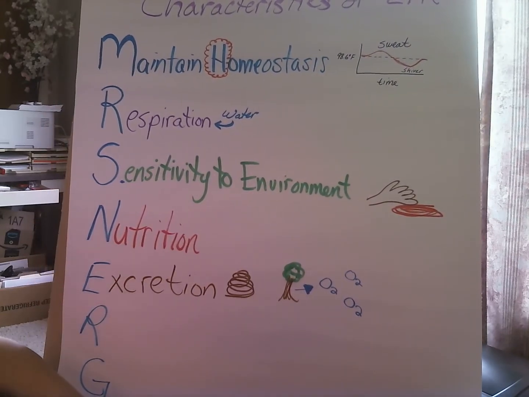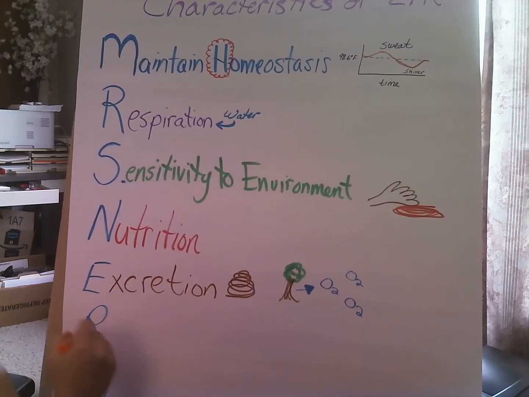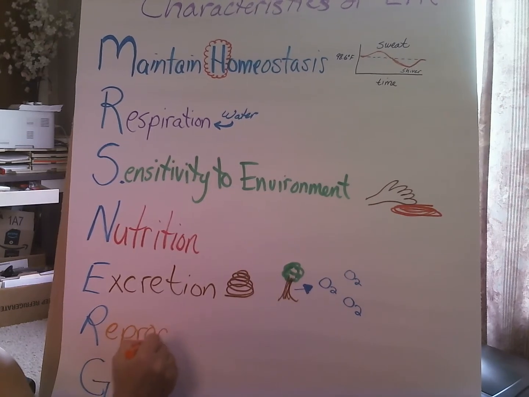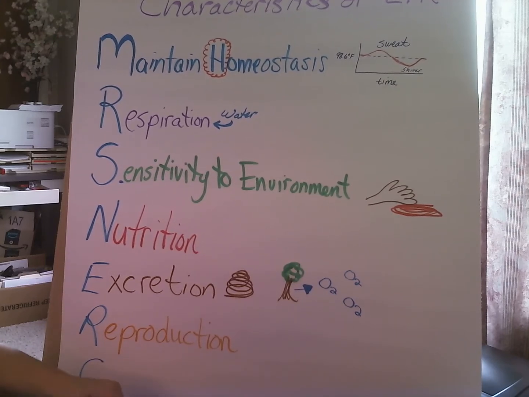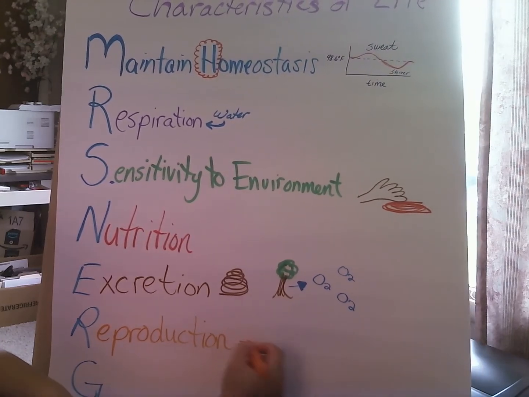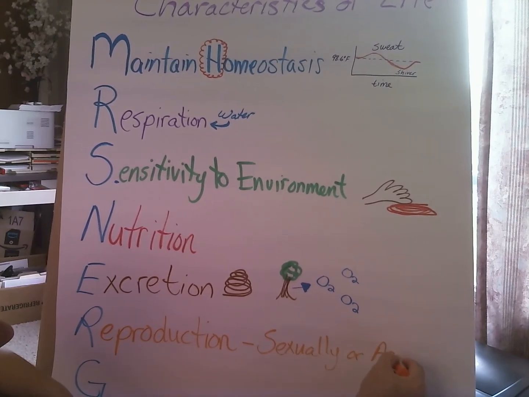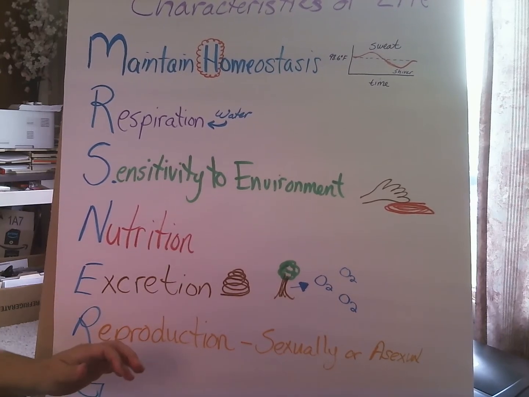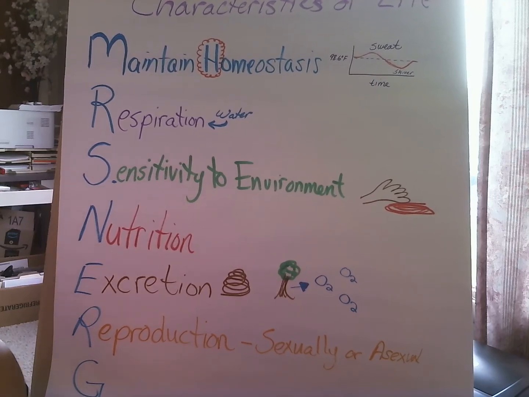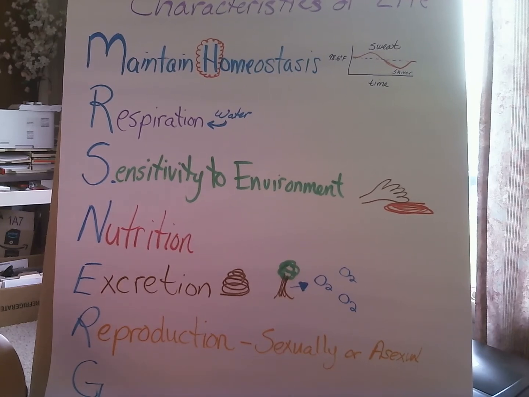Next we have, what color haven't we used? We haven't used orange. Reproduction. All living things reproduce somehow. We have two ways of reproducing. We can sexually reproduce, and some things are asexual. Spelling is hard. Asexual. So some plants can asexually reproduce.